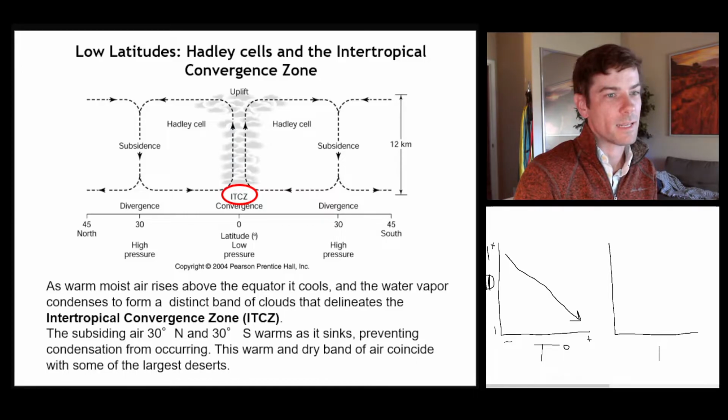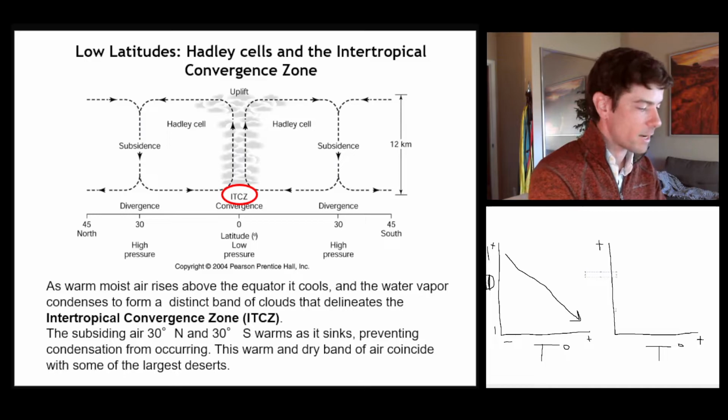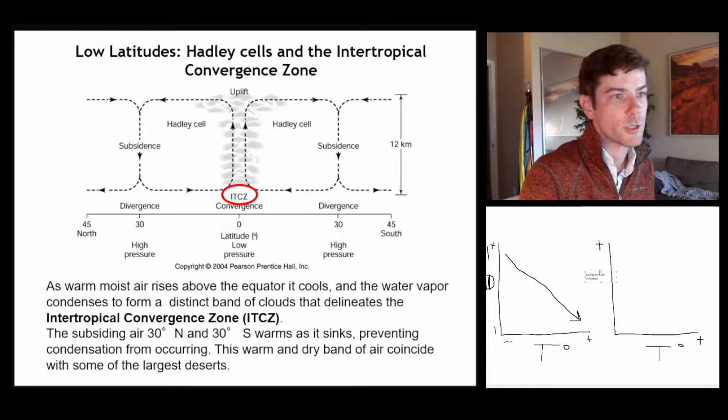Okay, so that's the second material property of air that we need to be comfortable with. All right, and that is that as temperature increases, the ability to hold moisture. All right, I'm just going to type that out because I don't want to write it. Ability to hold moisture.